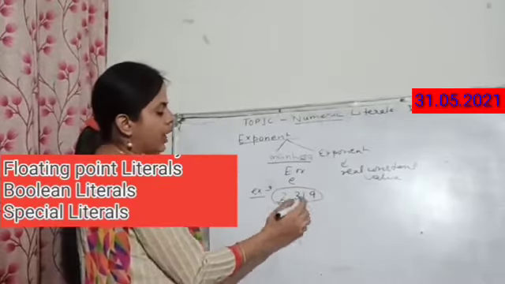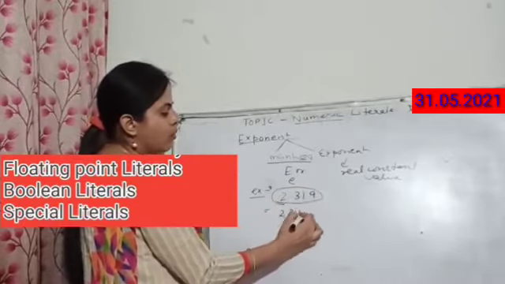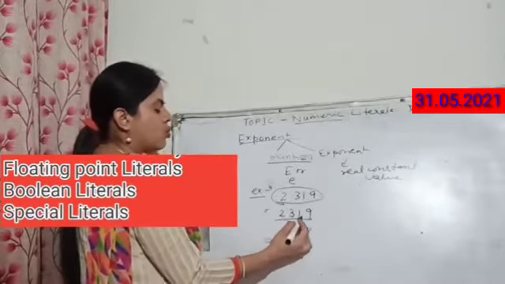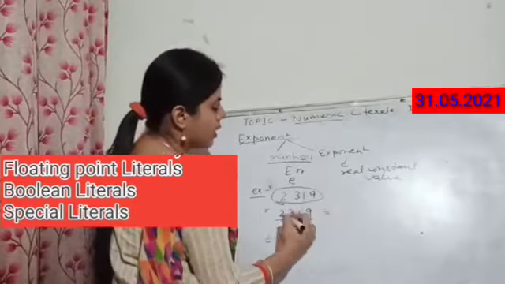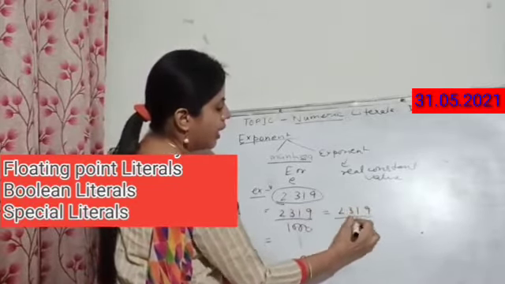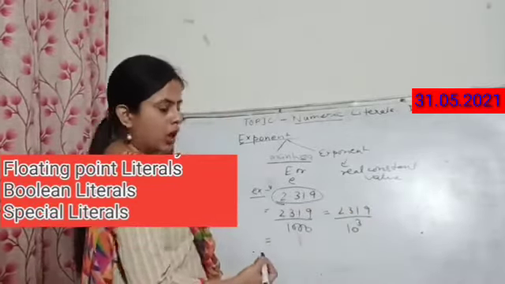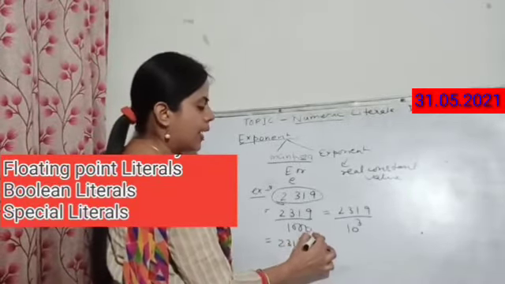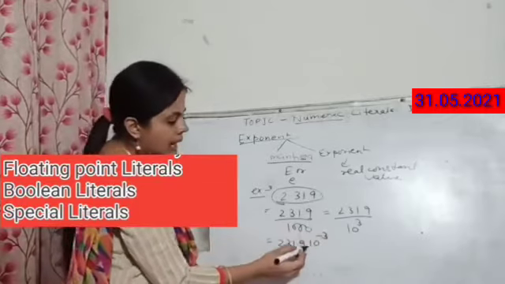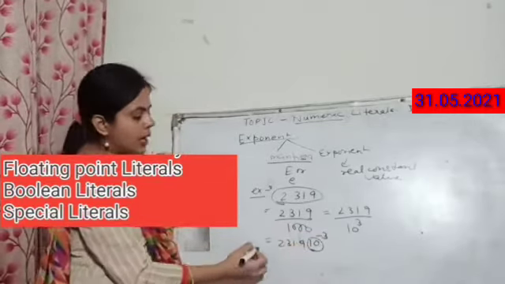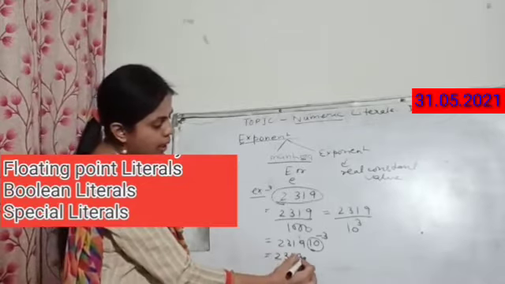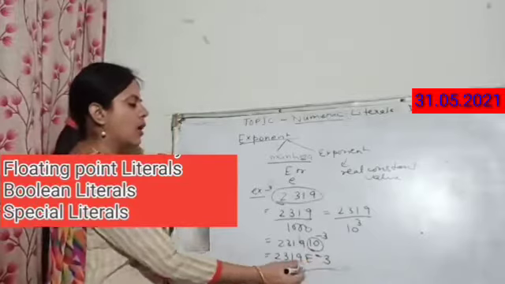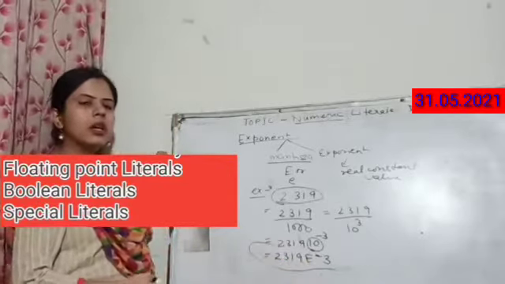It will be written as 2319 by 1000, that is, 2319 divided by 10 to the power 3. So 2319 will become 10 to the power minus 3, and this 10 power is represented as the exponent: 2319 e minus 3. So this is how the exponent is written.